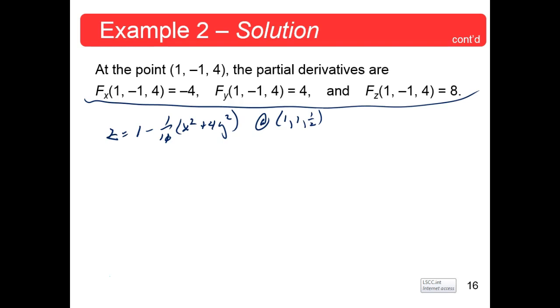Now, I would say this one's going to be opening downward because of the minus sign. Can't swear to that, but I believe that'll be the case. We'll see when it comes up.